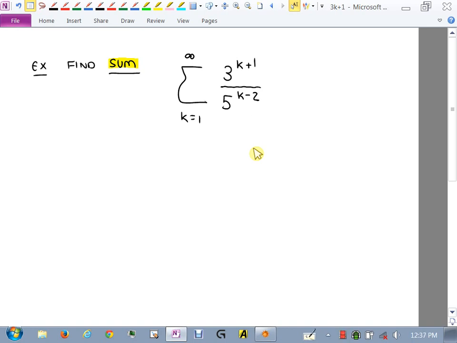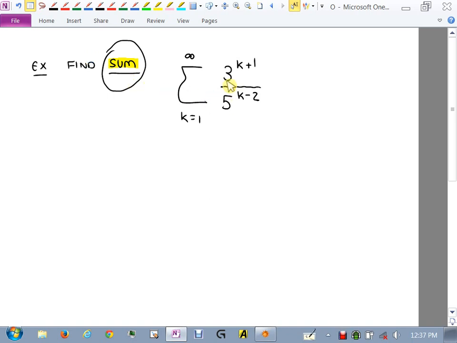what we would do first, if we were starting this out, I'm told that it does add up, right? I'm told it converges. By saying find the sum, it's implied that it converges. Had this said, does this converge or diverge? If it converges, find the sum, then that would be different. So since it adds up, I'm thinking it's probably going to be geometric.